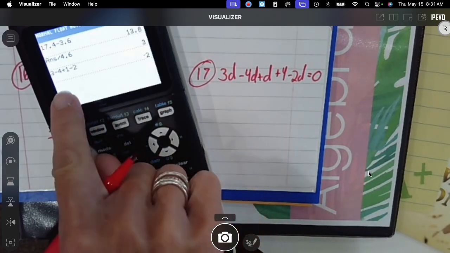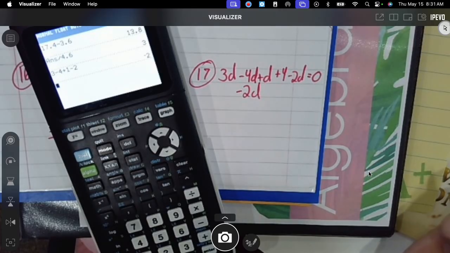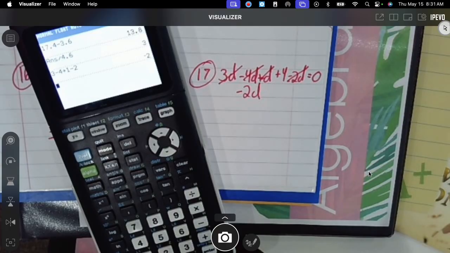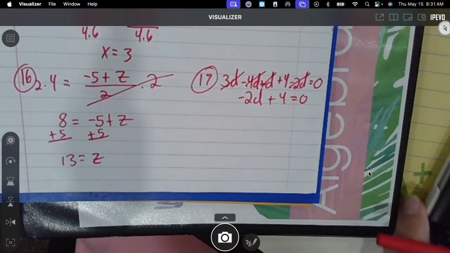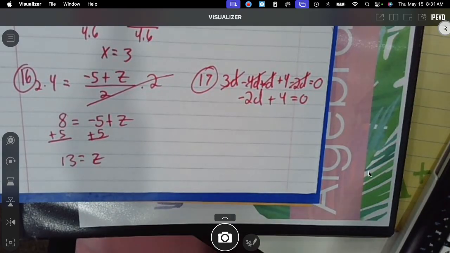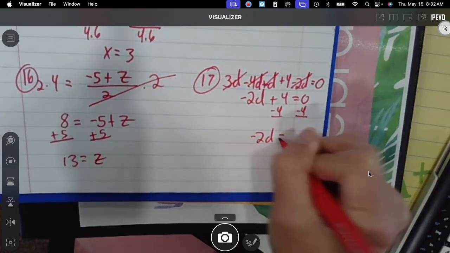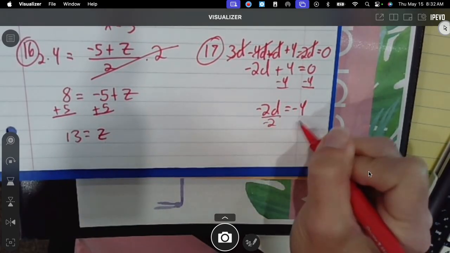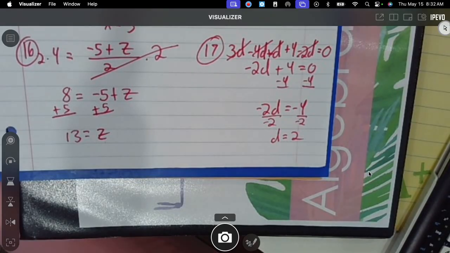And then it tells me that it's -2D. Everybody good with that? I'll mark through them. That one, that one, that one, and that one. So then I need to bring down +4 equals 0. Then what do you do? Subtract 4. We're going to subtract 4 from both sides. So -2D equals -4. Then what? Divide by -2. And D equals 2. There we go. That's number 17.